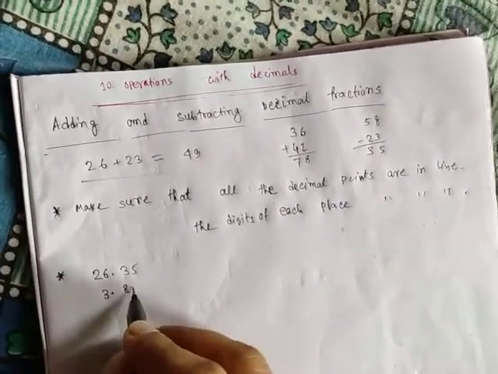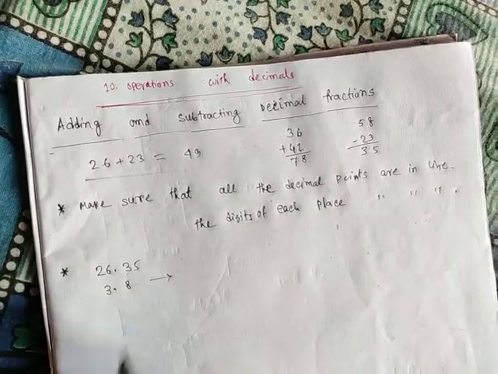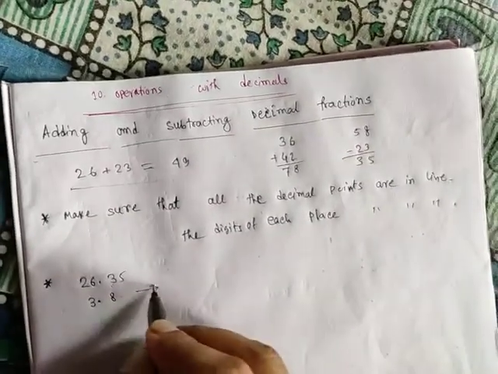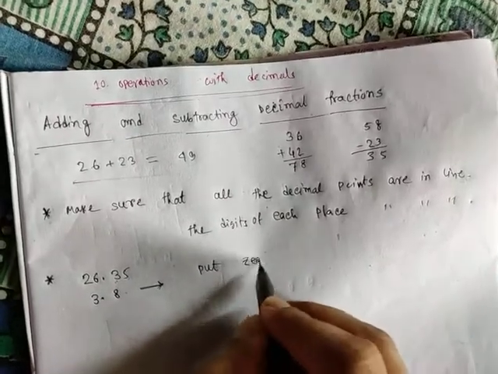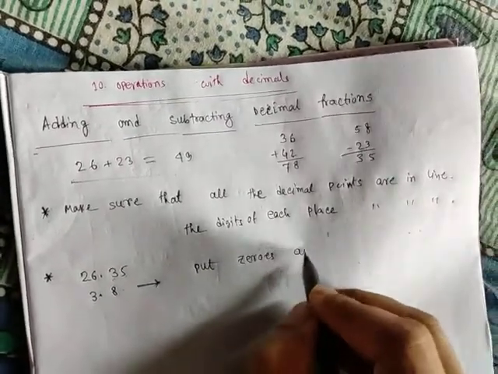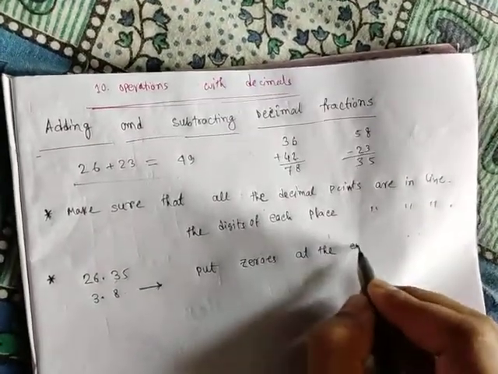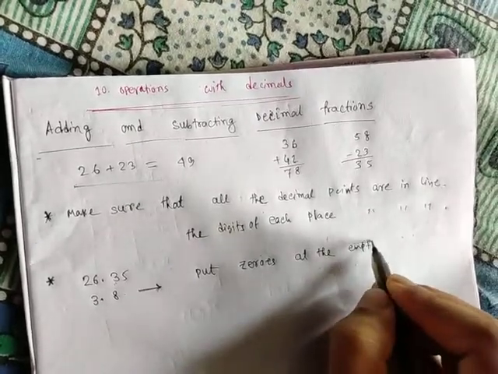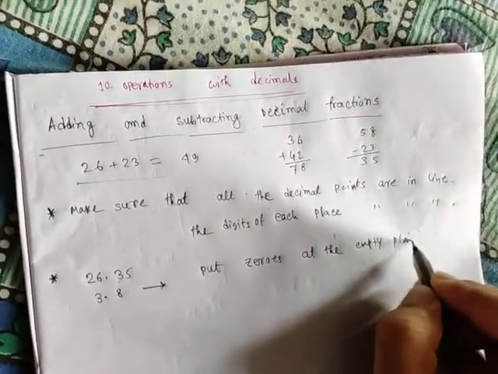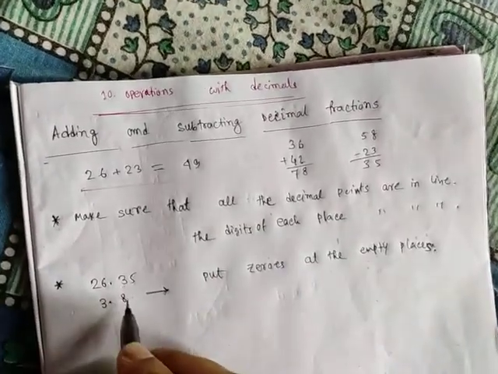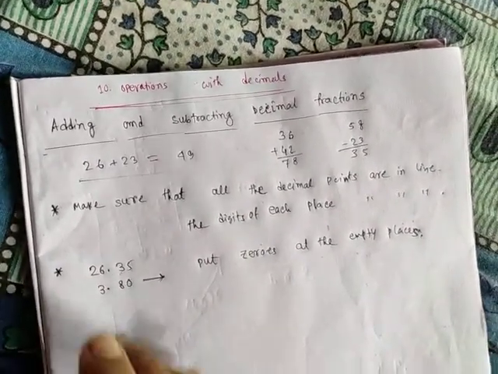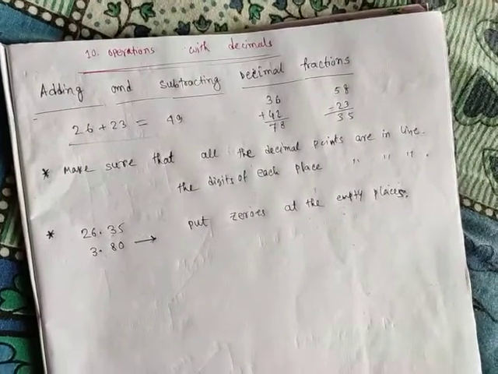So for this, what you have to do, remember, that is the second point. You have to put zeros at the empty places. That means 3.8 and 3.80 are the same.